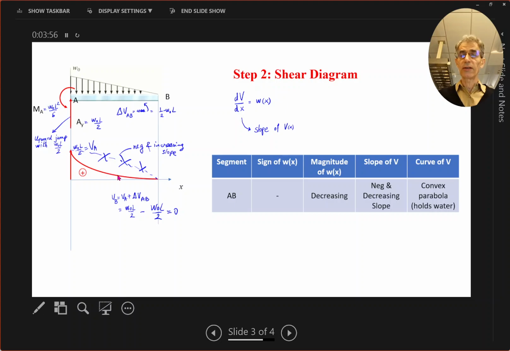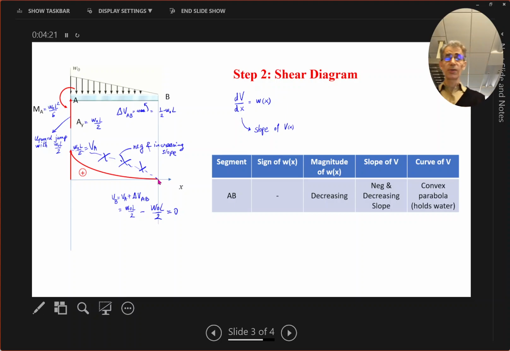So it has to be the other way around, where at any point you put a tangent, we can see that the slope is negative, as we said, but it will keep decreasing, which is our case. And by the way, when we reach this point, W is supposed to be 0, so the slope is supposed to be horizontal right there, 0 slope.